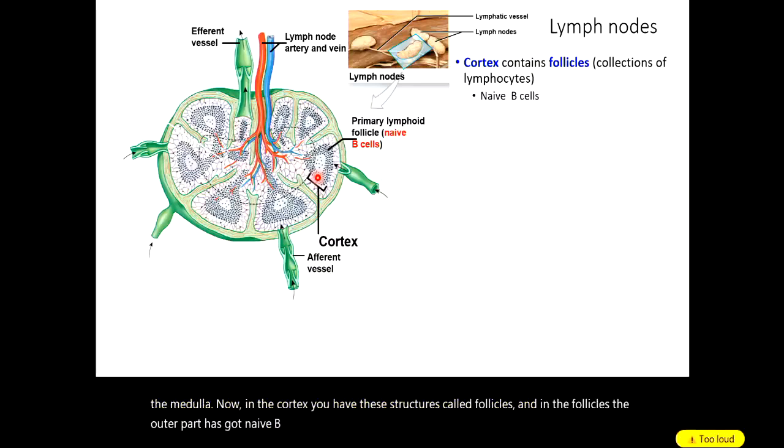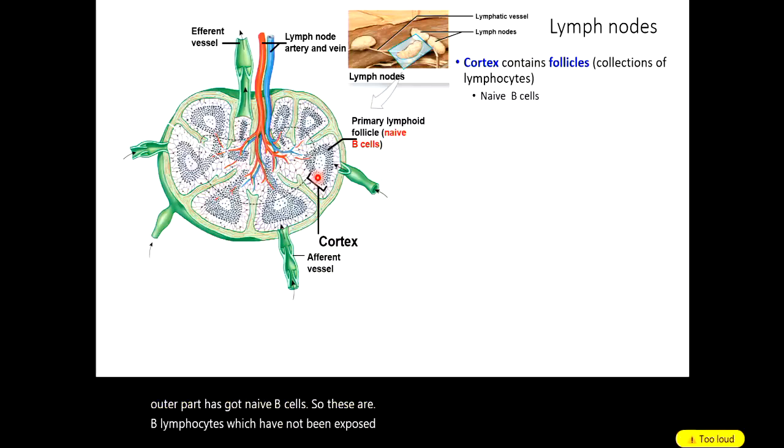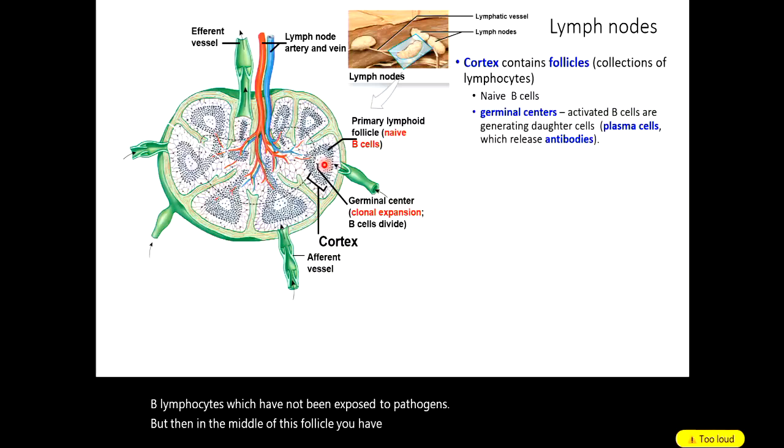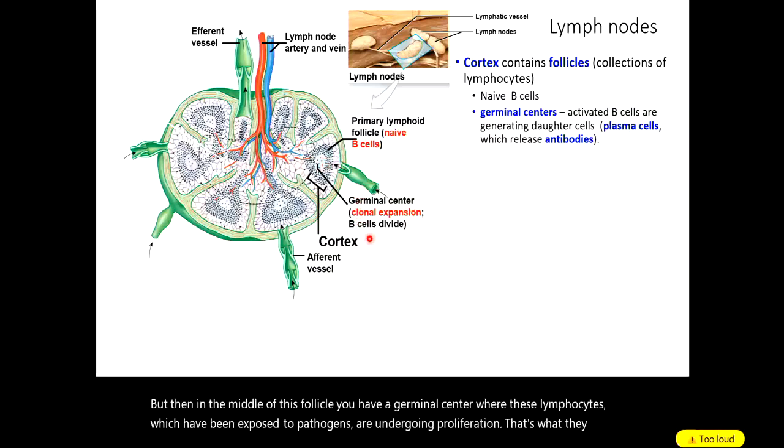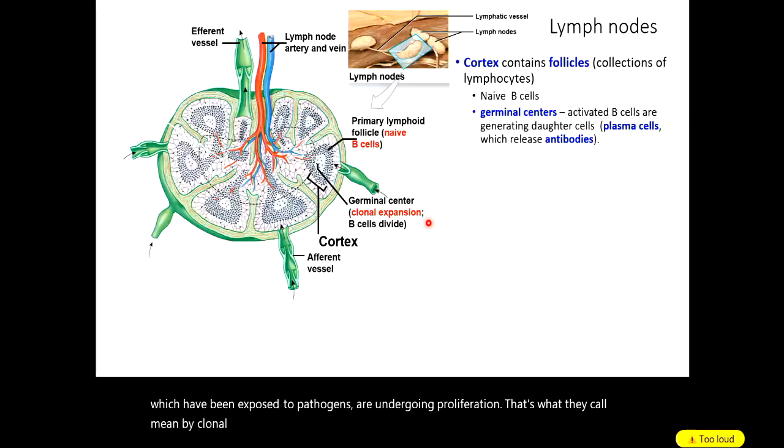So these are B lymphocytes which have not been exposed to pathogens, but then in the middle of this follicle you have a germinal center where lymphocytes which have been exposed to pathogens are undergoing proliferation. That's what they mean by clonal expansion. Exactly what is happening is something we'll discuss in tomorrow's lecture, how this clonal expansion takes place.